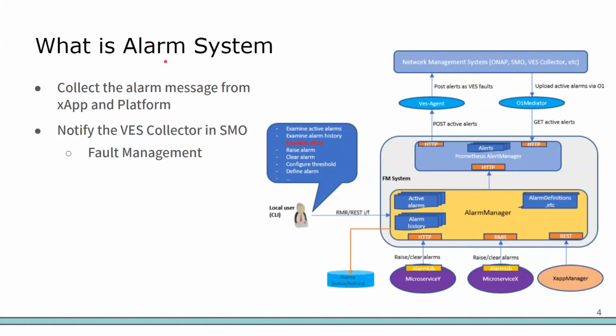The alarm system's function is to collect alarm messages from the SF or our platform. The next function is to notify the VS Collector in SMO. This belongs to fault management.